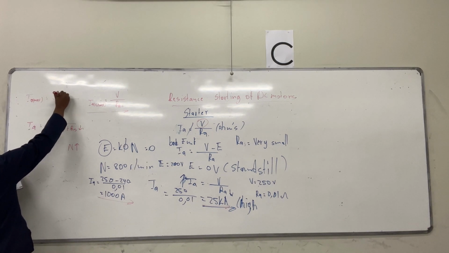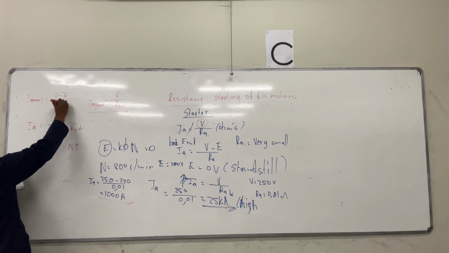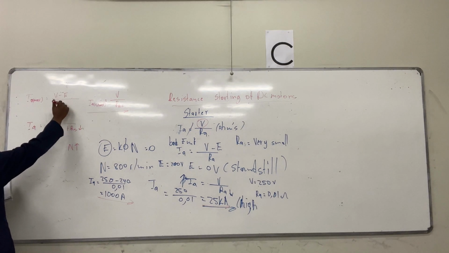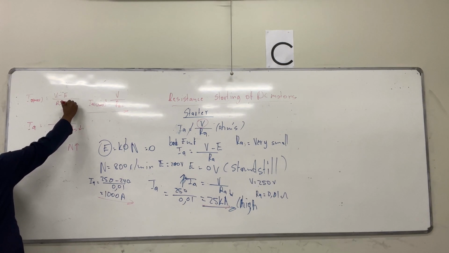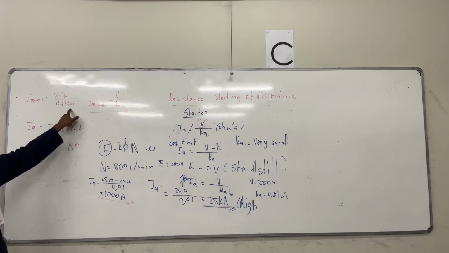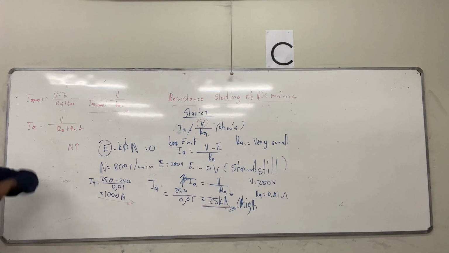V, yabo ba include nantoni ne EMF RS, sorry, RS plus RAC. Why are we saying RAC? RAC, it could be that it is a series motor.